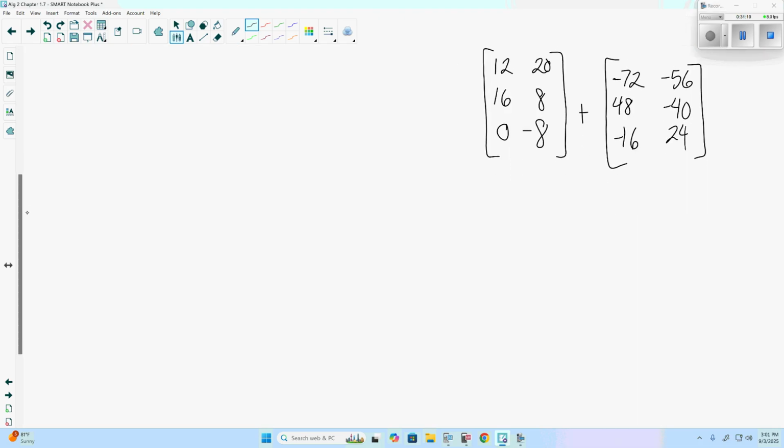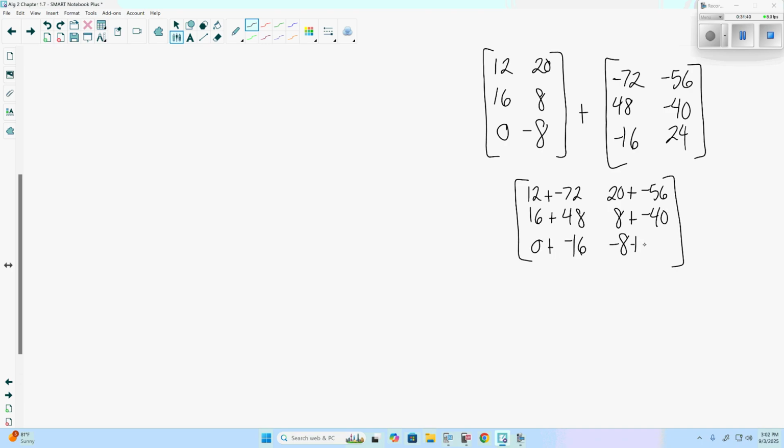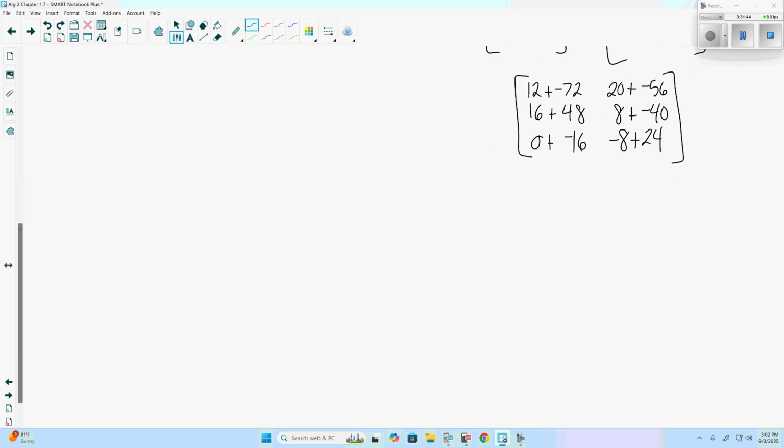Now at this point, we're going to add 12 plus -72, 20 plus -56, 16 plus 48, 8 plus -40, 0 plus -16, and lastly -8 plus 24. We're going to be adding these together.